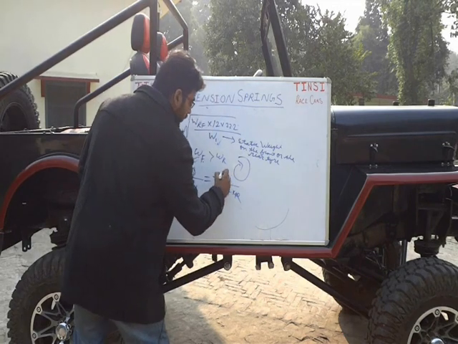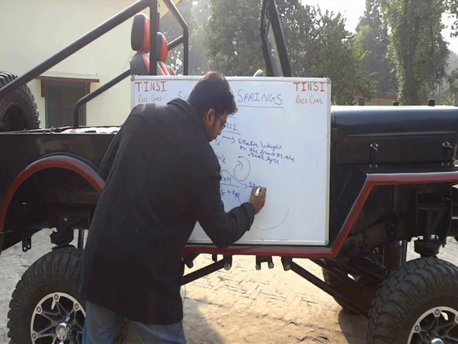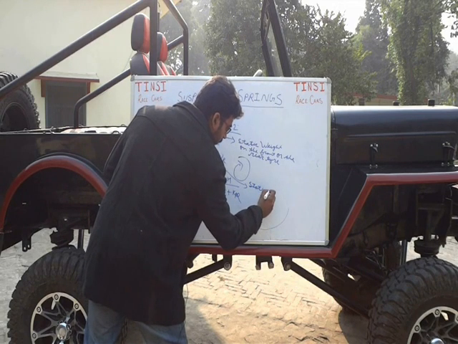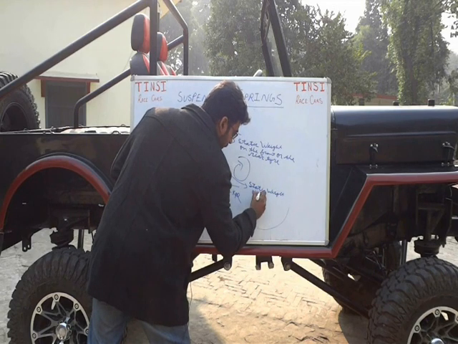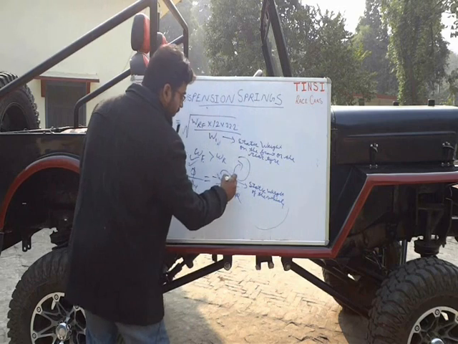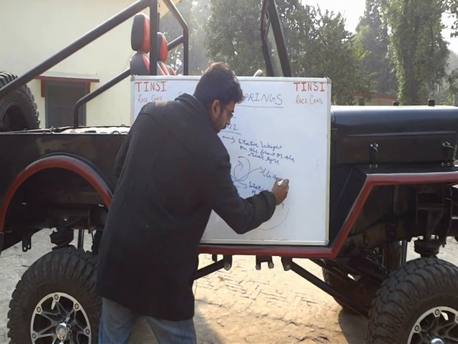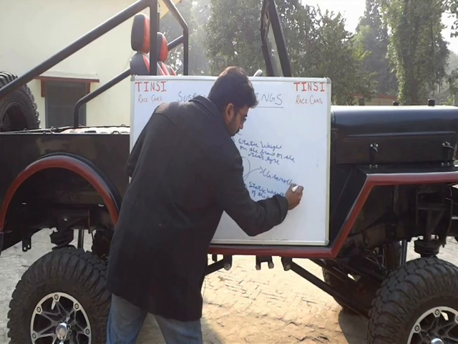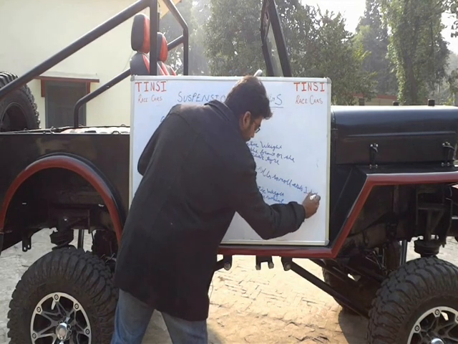Your W here is the static weight of the vehicle. H is your CG to roll axis perpendicular distance, I've explained it.